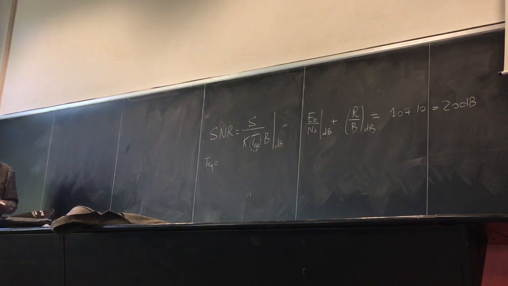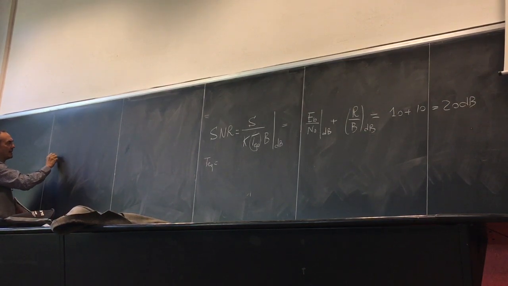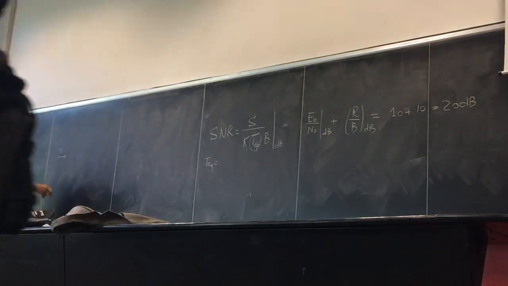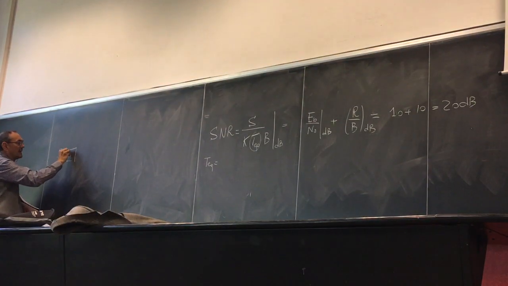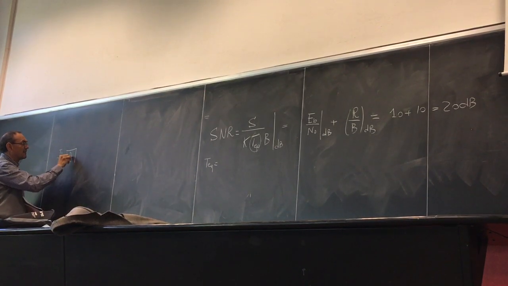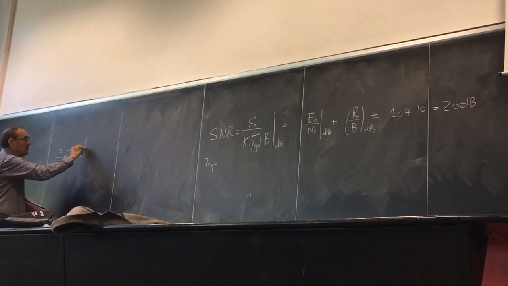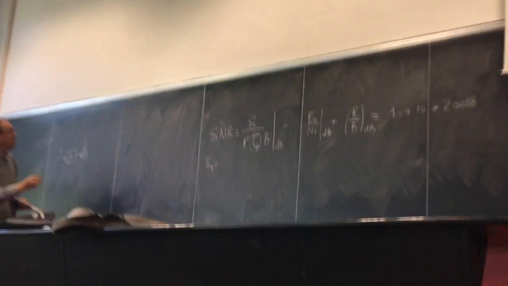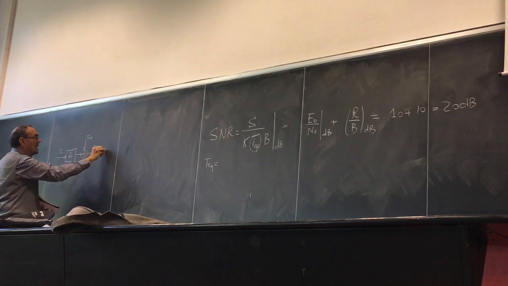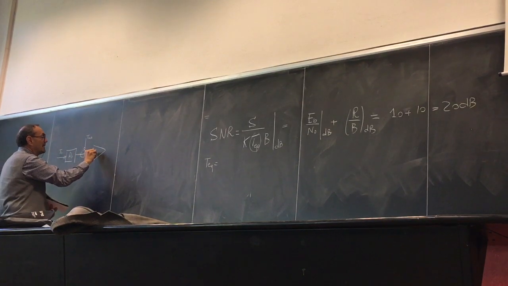Then we can write the equivalent scheme for the evaluation of the noise temperature, and what we get is here we have T0, then we have the attenuation of 1 dB, A0, then we have the low noise amplifier, here we have T LNA, and then here we have G LNA.